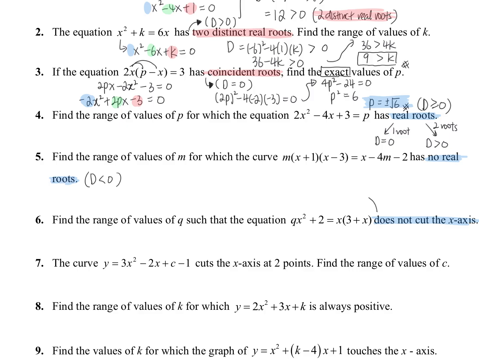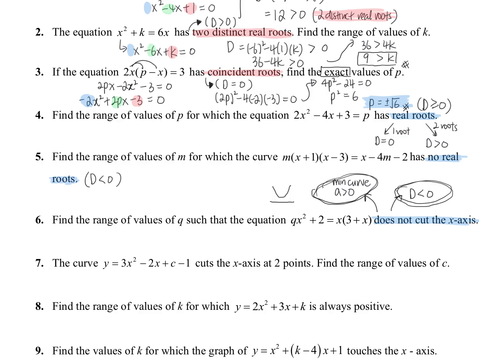It will be above, so it's a minimum curve. And second, D is less than 0, because above means it's a minimum curve and it doesn't cut. So these are the 2 things they are telling you that are true.